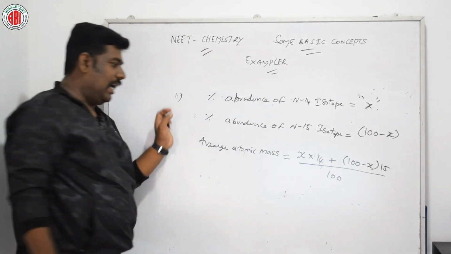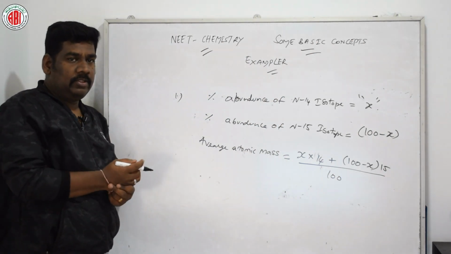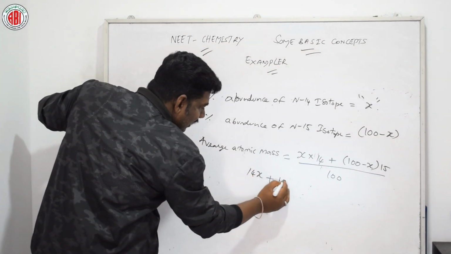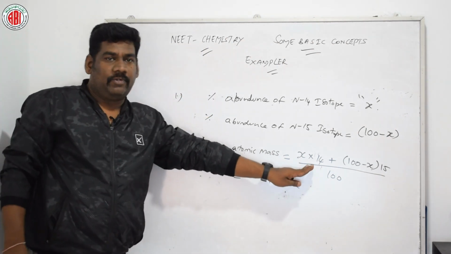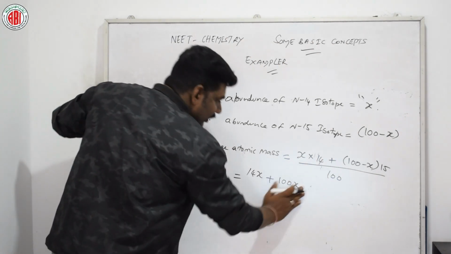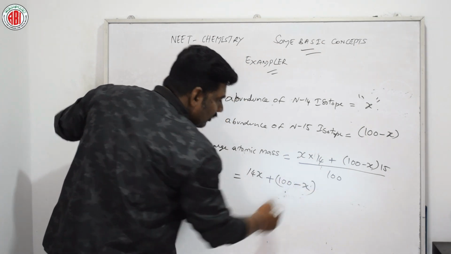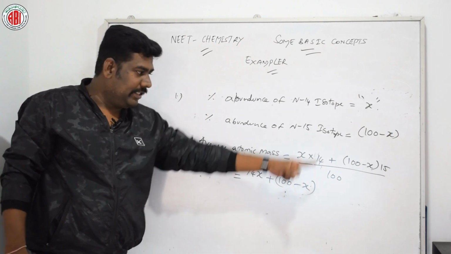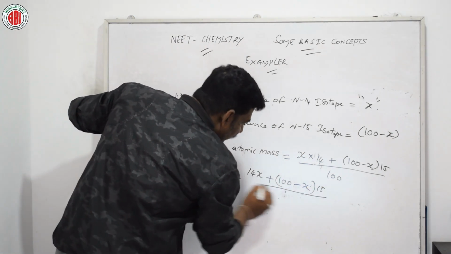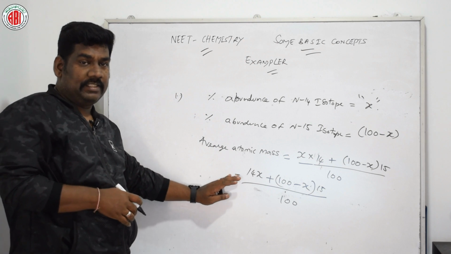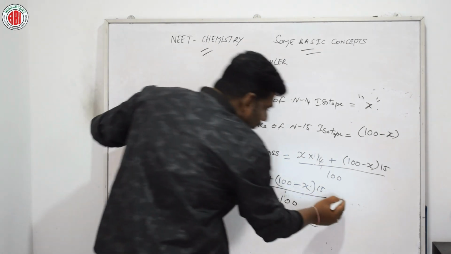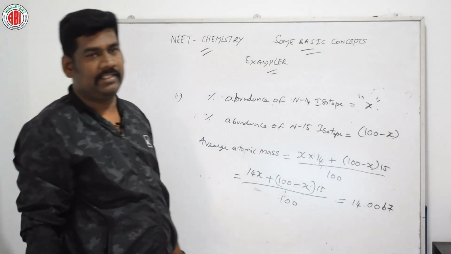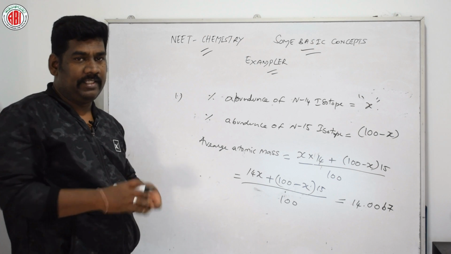So this is 14x plus (100 minus x) into 15, divided by 100. Simplifying this, we get 14.0067.